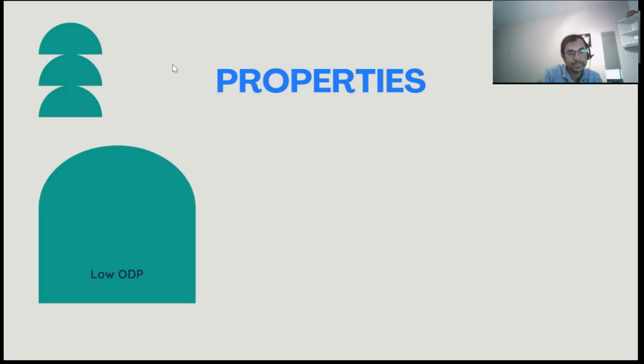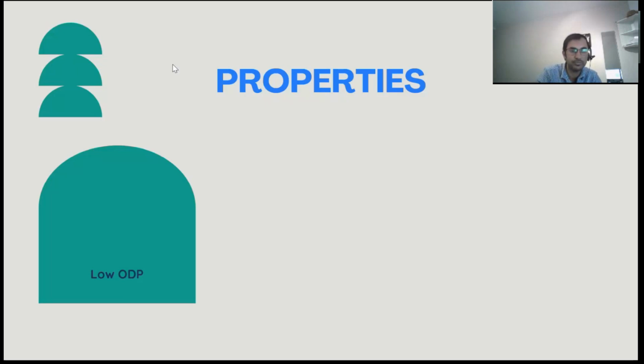Low ODP, that is the ozone depletion potential. There are many refrigerants used earlier which deplete the ozone, especially whenever the AC equipment is under maintenance or there is any leakage.